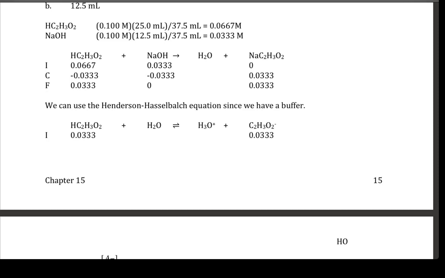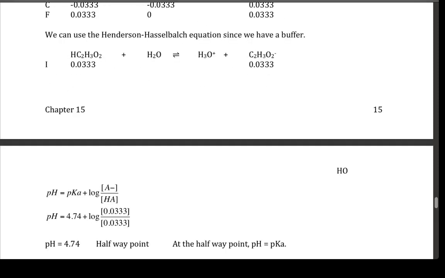So now we have HA and we have A minus. We have amounts of both. So we can use the Henderson-Hasselbalch equation because essentially we have a buffer. So for the Henderson-Hasselbalch equation, we simply put our initial line of the ICE table there, 0.0333 molar for both HA and A minus.